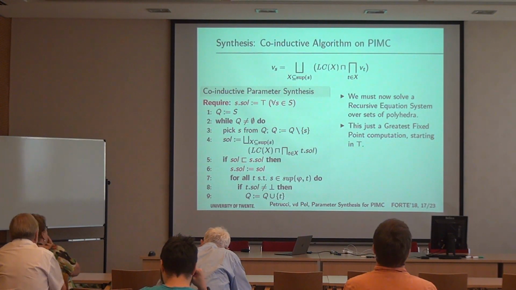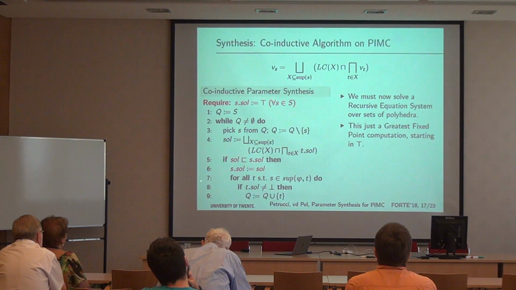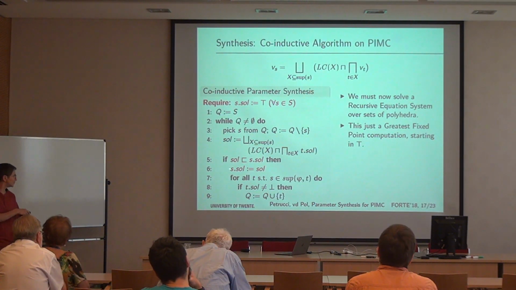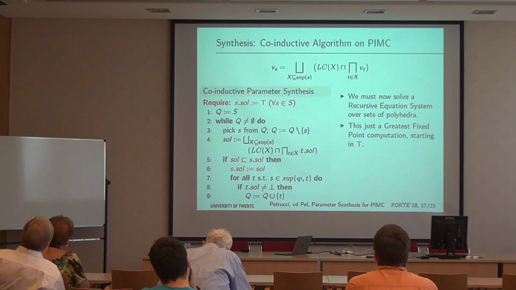Initially the solution is true, and when we repeat this procedure, if the solution is included in the solution we have already found, then we can say that the solution is the new one we found, and we repeat it again.